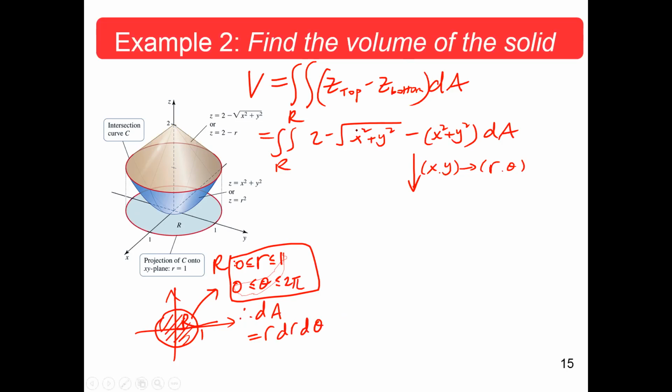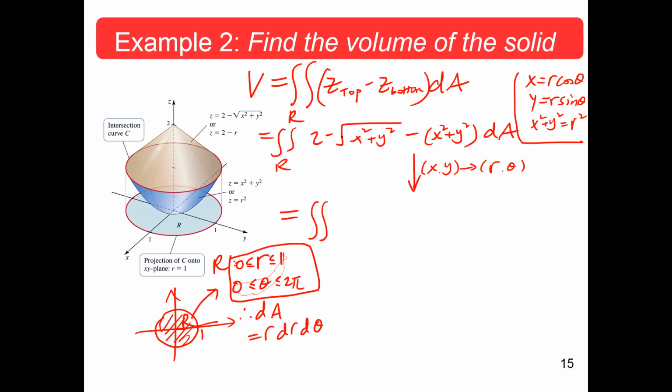Let's see how we express x squared and y squared. We know x would be r cosine theta, y would be r sine theta, and x squared plus y squared will just be r squared. So I'm going to convert everything from xy to r and theta.